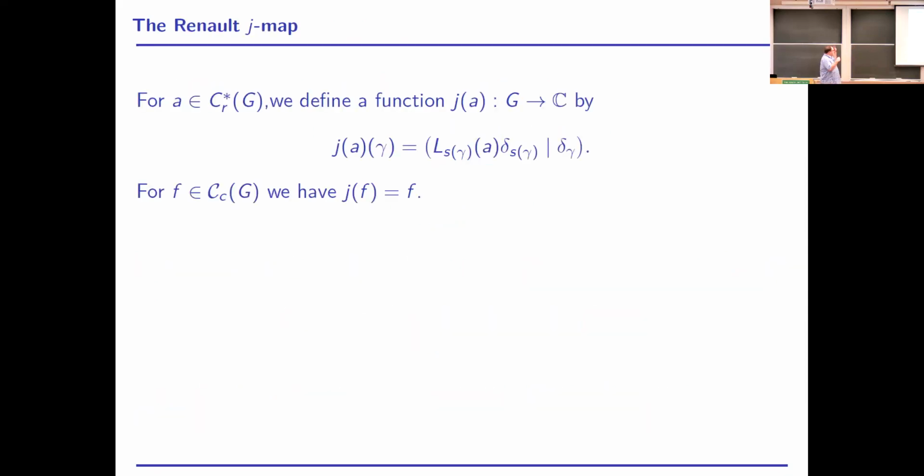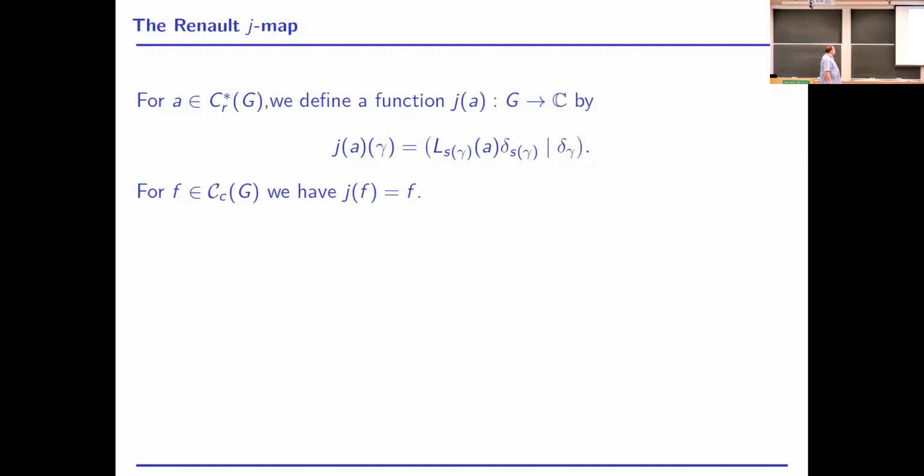Now, one of the nice things about functions is that we can look at what they're doing to particular groupoid elements, we can look at what they're doing to particular subsets, and we can look at what their support is. So we'd like to recover that function behavior, but obviously the elements of our C-star algebra are not necessarily functions.